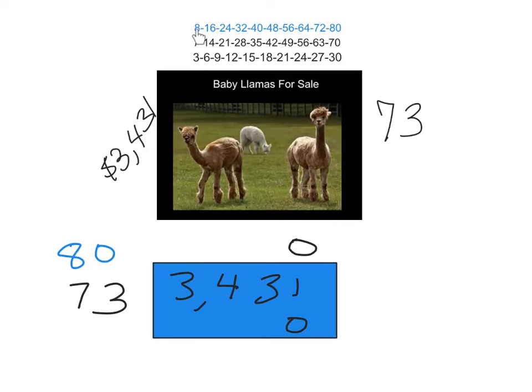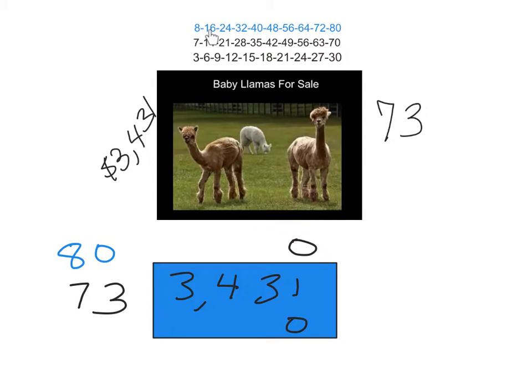And I'm going to come up here, and since this is 8, and this is really 80, I'm going to imagine that each of these digits has a 0 behind it. So this would be 80, 160, 240, 320, which still fits in there, and then 400, which would be way too much here. So I'm going to go with the 32 here.